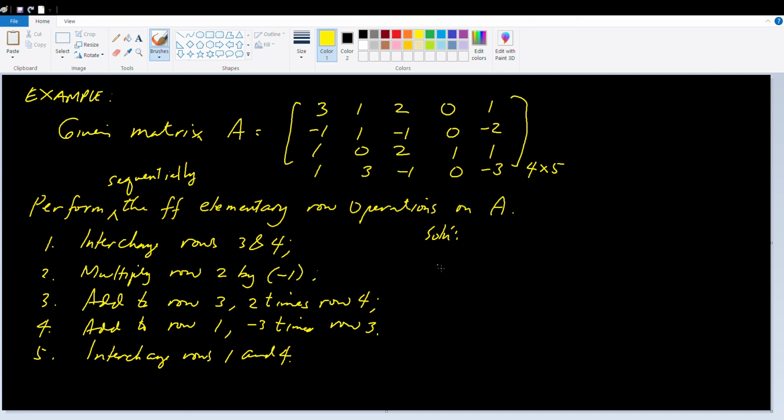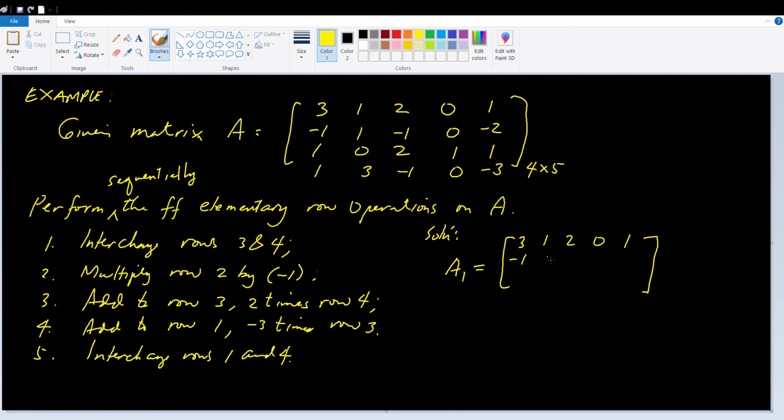So let us perform the first operation. We interchange rows 3 and 4. So let us call the resulting matrix A sub 1 because it will be different from matrix A. When you interchange rows 3 and 4, you will come up with another matrix. So we will retain rows 1 and 2. 3, 1, 2, 0, and 1.